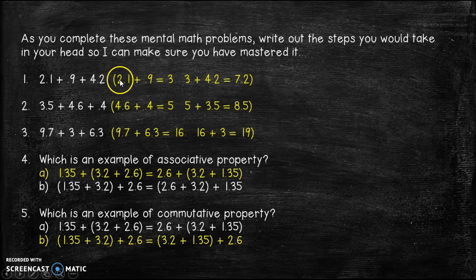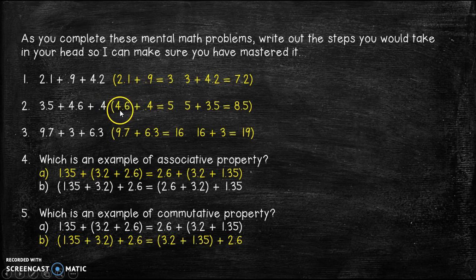Okay, so here in the yellow are the answers, and this is how I went through and solved it. Because I chose compatible numbers first, I knew that 0.1 plus 0.9 was going to equal 1. So I chose those as my compatible numbers. So 2.1 plus 0.9 equals 3. But I can't forget about the 4.2, so then I take the 3 plus 4.2, and that gives me 7.2.